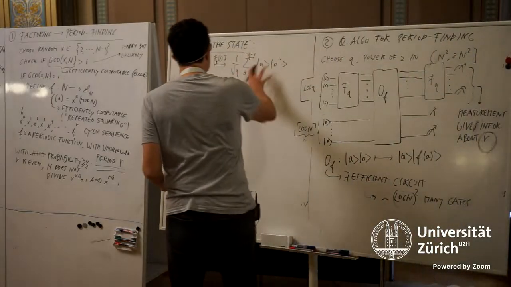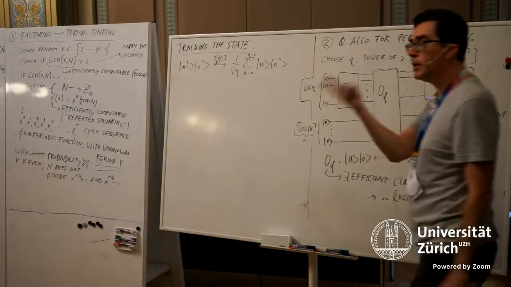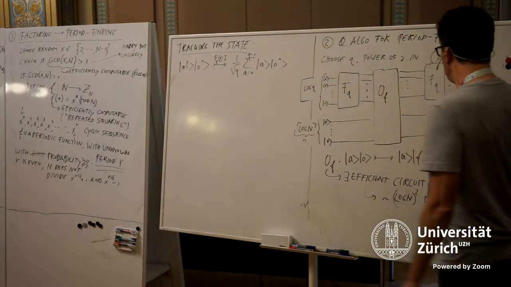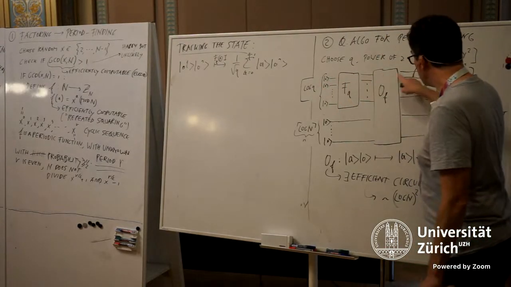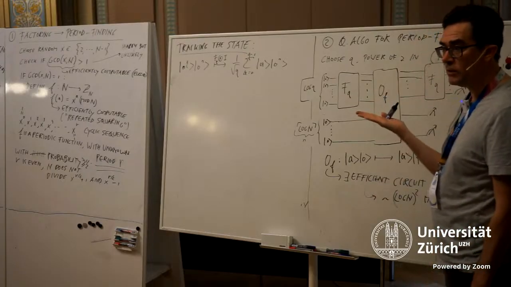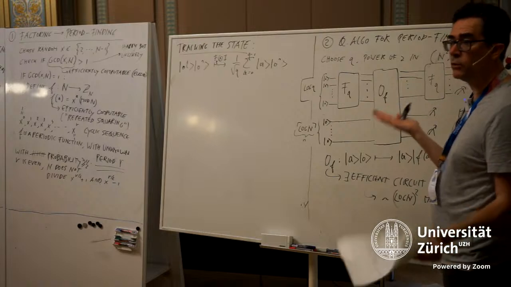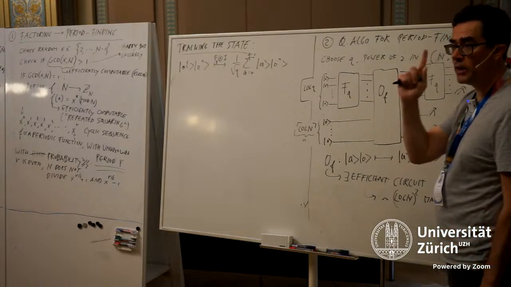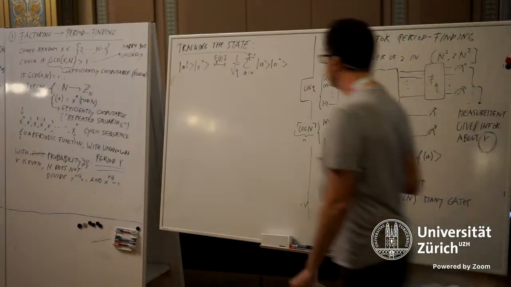Okay, so we generated a superposition over many possible inputs A to my function f. Going through the circuit further, now we compute f in superposition on all of those A's. The cost of this big operation in superposition is just the cost of computing f once, because that's the beauty of superposition.